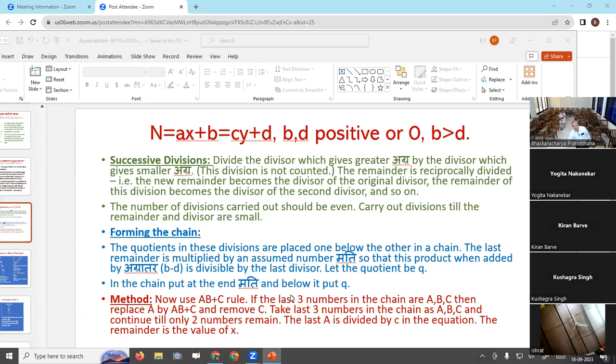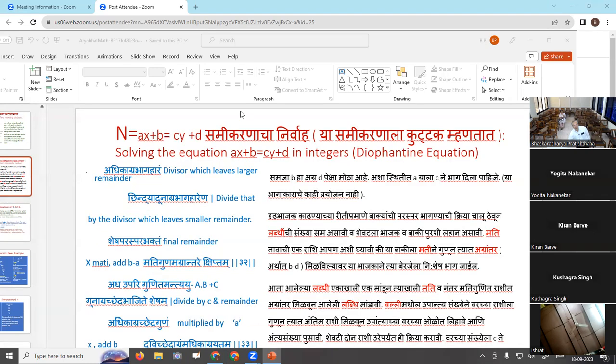So the meaning of this will be again clear by examples, but still at least we try to see what is there in this in short. So a and b, these are the positive integers, or b can be 0. So these are the numbers in this expression ax plus b, and you want to find out a number capital N such that when you divide that number by a, you get the remainder b.